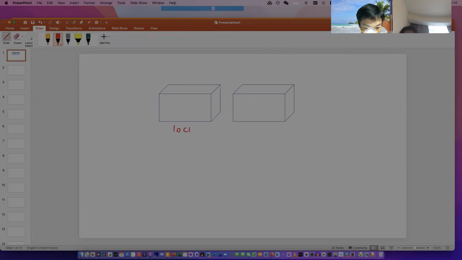So you have 10 cm here, 10 cm here, 5 cm for the breadth, and then 8 cm for the height.